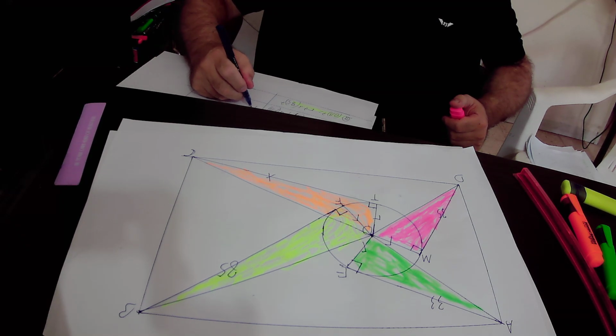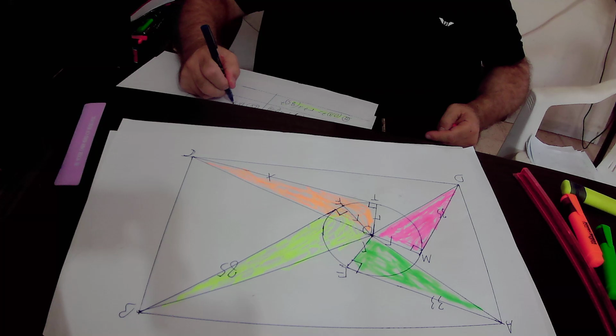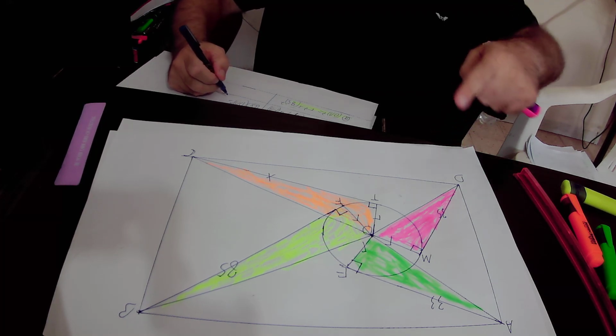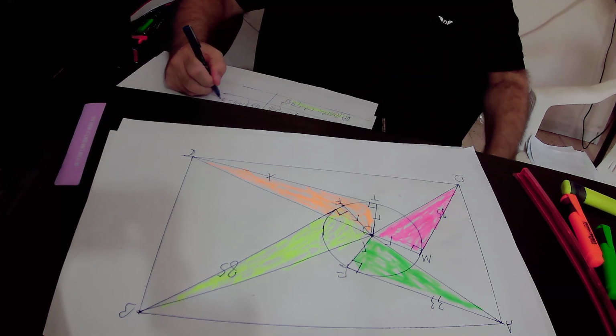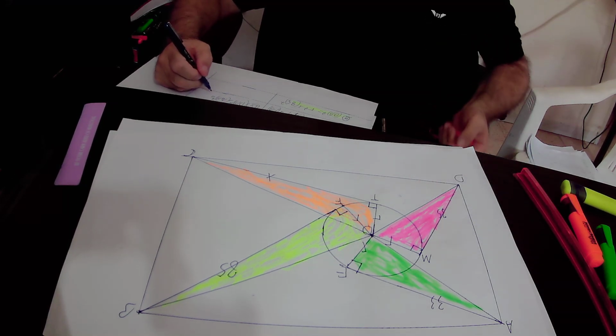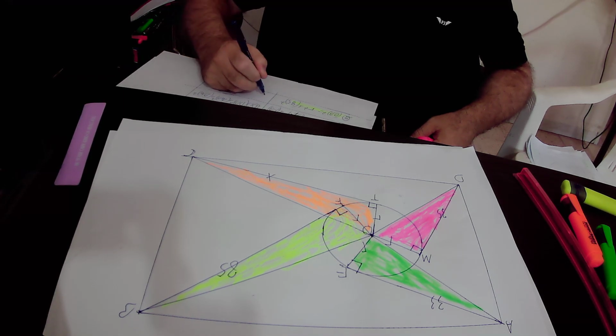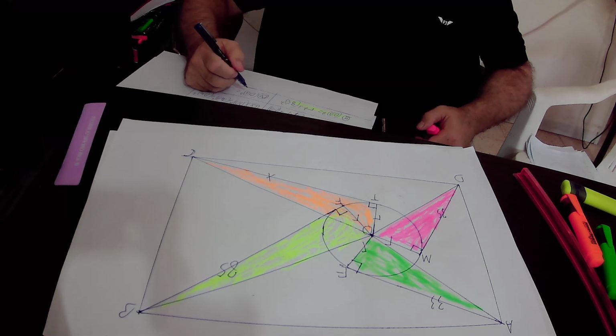According to the Pythagoras theorem, DO square equals MO square plus DM square. So DO square equals MO square.